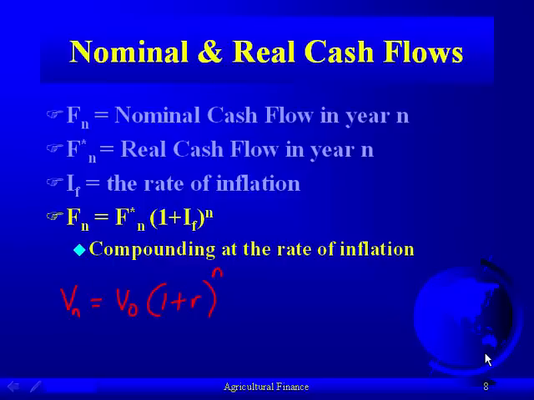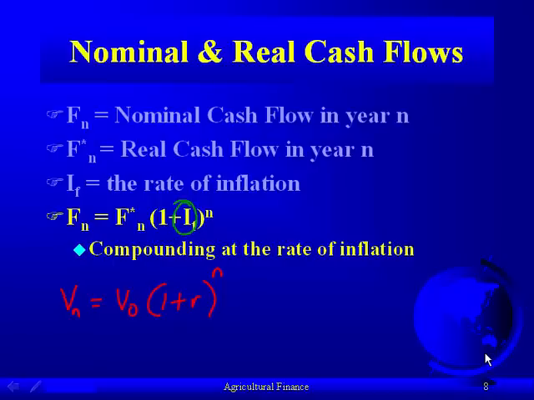Now what is the difference between those two equations? One is the rate of inflation. It's no longer the discount rate associated with the time value of money, it is the inflation rate. What's the other big difference? It has to do with the cash flow.